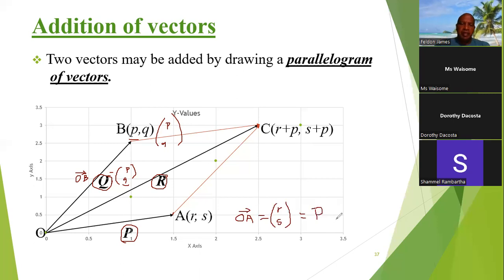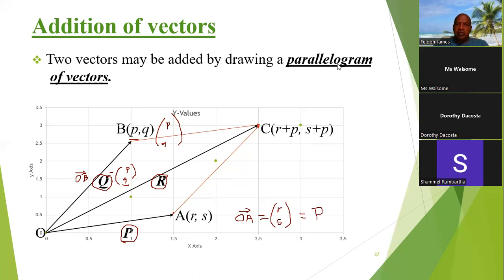All right, now when we're talking about adding vectors, in the previous lesson we said that if we add vectors, we get what we call a resultant vector.